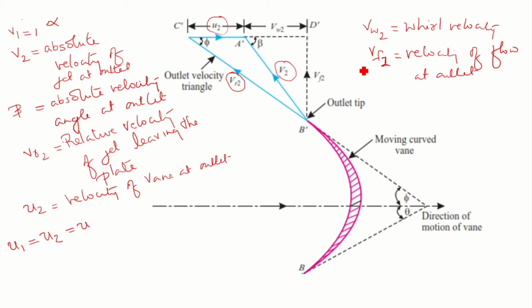Similar to the previous case, Vf2 represents the vertical component of absolute velocity V2, and Vw2 is the horizontal component of absolute velocity V2.